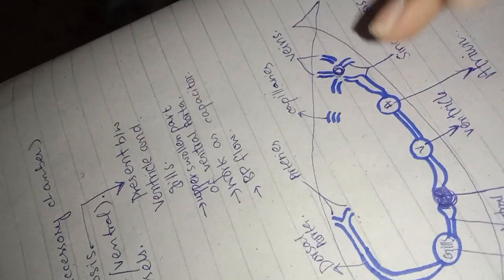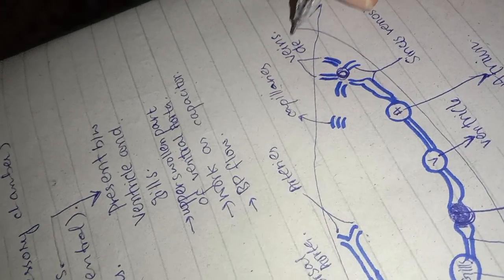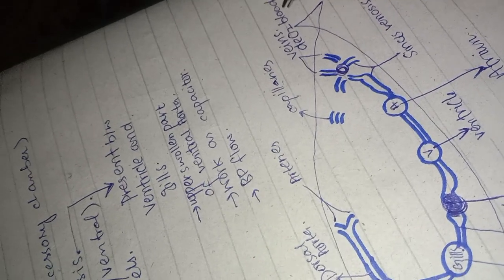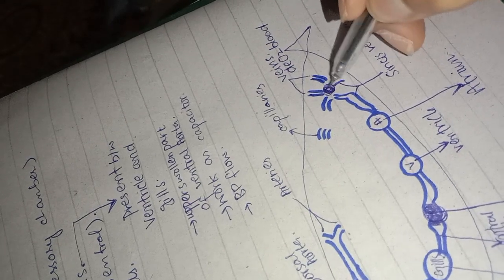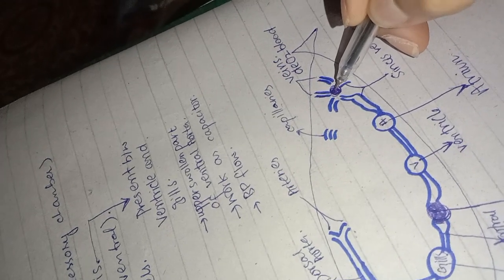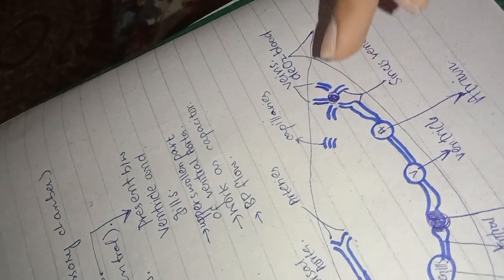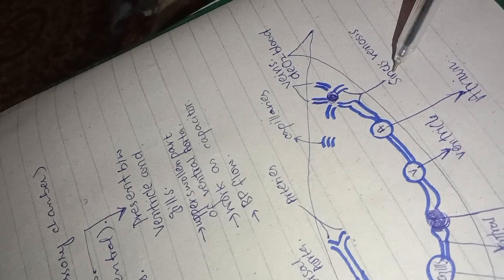Then, what is the function of the veins? They carry the deoxygenated blood to the heart, and the heart gives the blood to the sinus venosus.